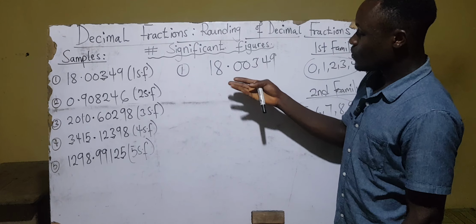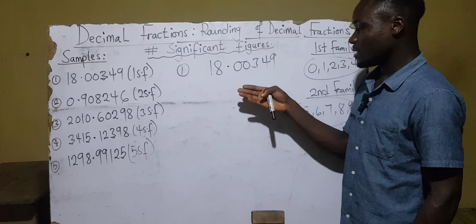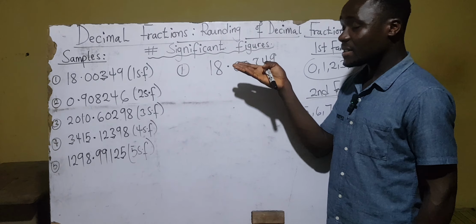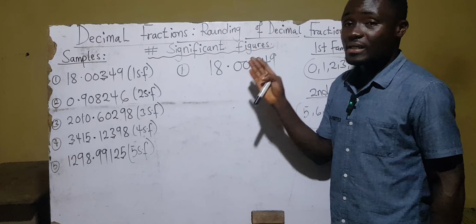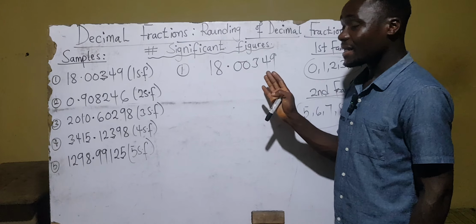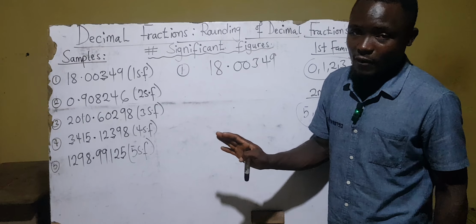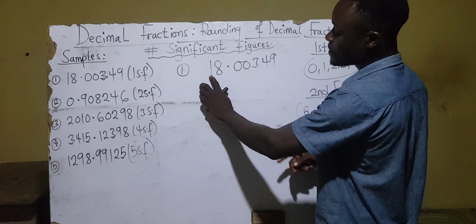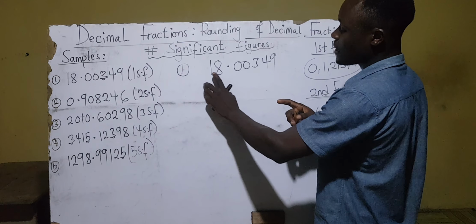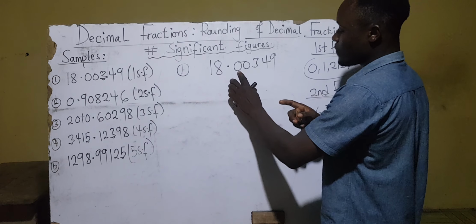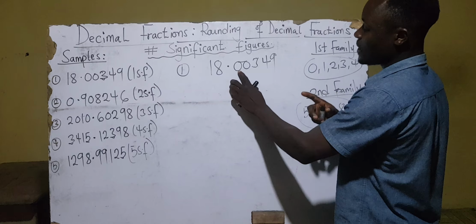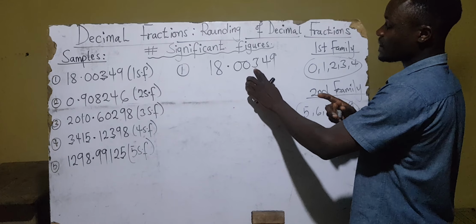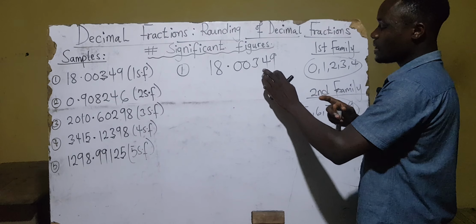Before we start counting, have it in mind that significant places or significant figures deal with numbers that lie before the decimal point and then after. So I'm going to start by counting. I have one significant place, 2 significant places, 3 significant places, 4 SF, 5 SF, 6 SF, and then 7 SF.